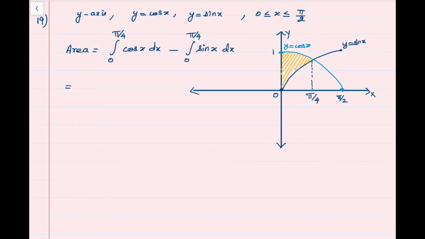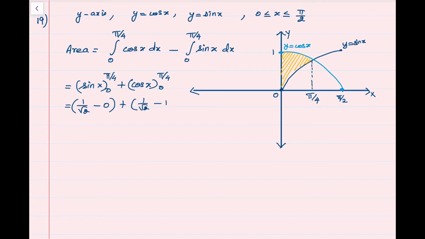An integral of cos x is sin x. The limits are 0 to pi by 4. An integral of sin x is minus cos x. Minus of minus will become plus. The limits are 0 to pi by 4. Sin pi by 4 is 1 by root 2. Sin 0 is 0. Cos pi by 4 is 1 by root 2.